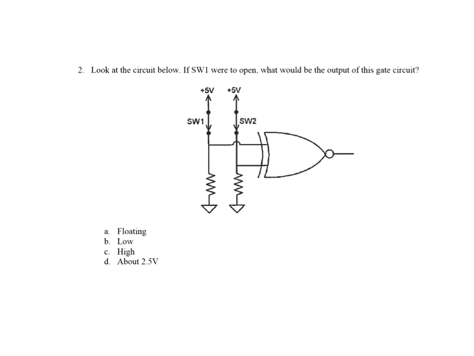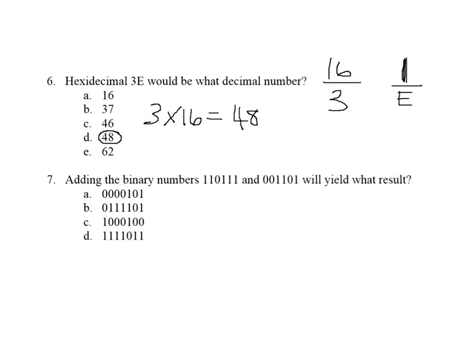I made a mistake there. So E is 14. So 48 plus 14, what's that going to be? Let's see, 8, 9, 10, 11, 12, 4, 5, 6, 62. So my only good answer is 62.